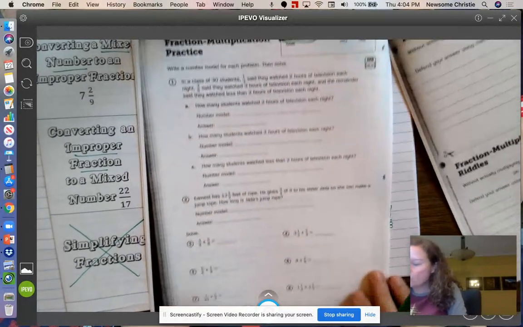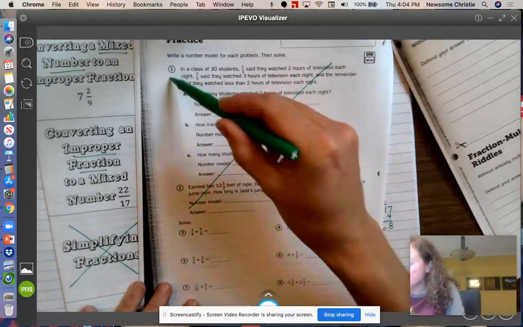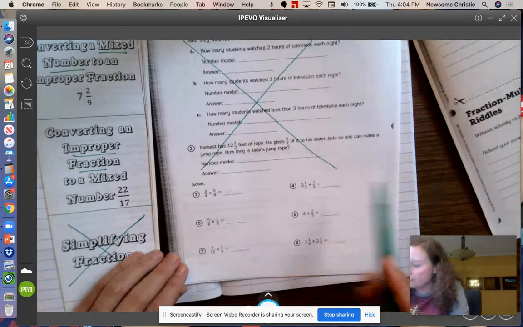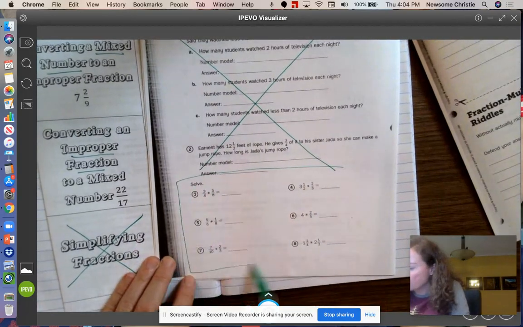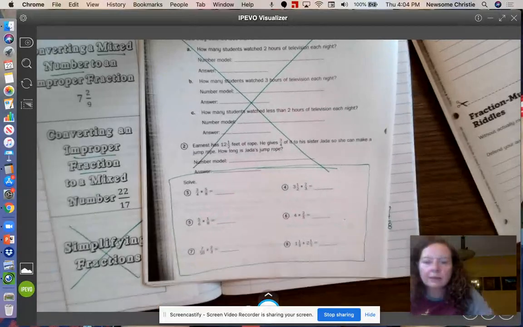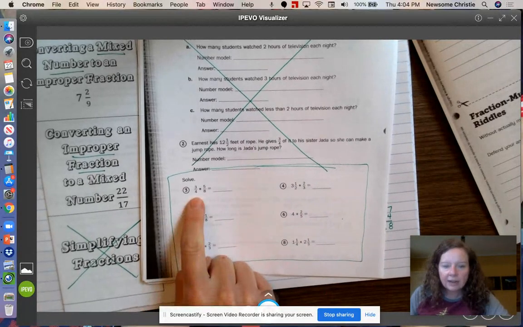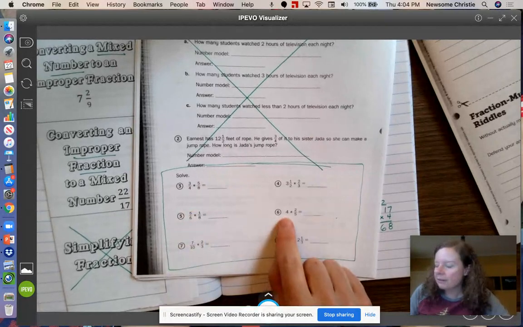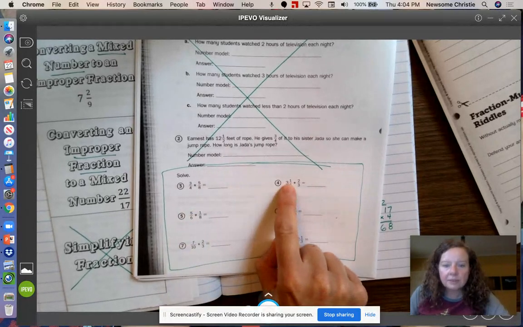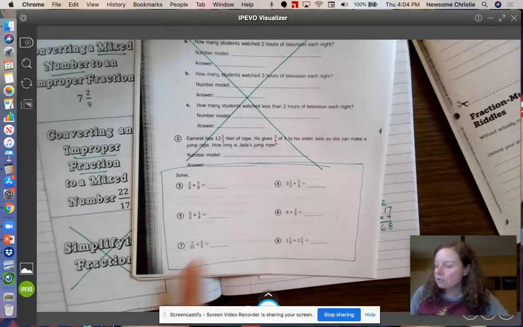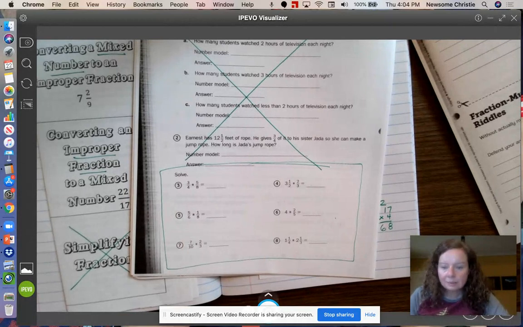What I want you to do is not any of this at the top, but what I'm looking for is this bottom section right here. You have 6 multiplication problems. Some of them are fraction times fraction, some of them have a whole number, and some of them have mixed numbers. I'd like you to try these 6 problems before I see you again at 9 o'clock.